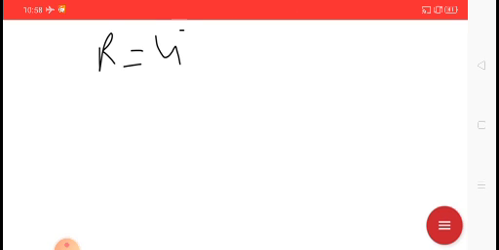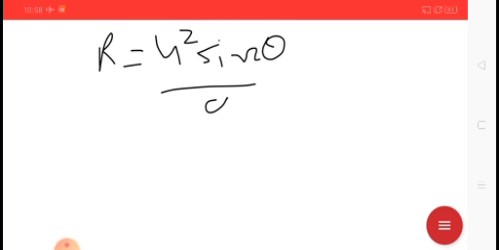The one they may ask you, prove the maximum projecting angle is 45 degrees. How to prove it? So you know that R is equal to u square sine 2 theta over g.